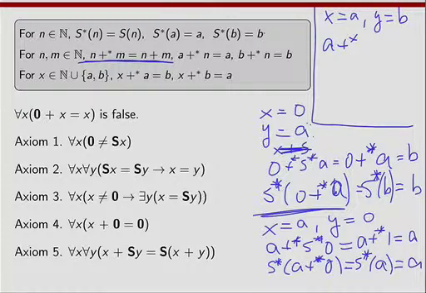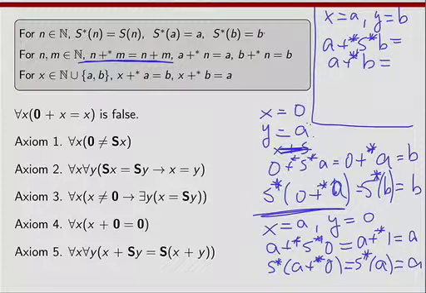So a plus star successor star of b is going to be a plus star of b, which, if b is on the right-hand side, is always just equal to a no matter what is on the left-hand side.